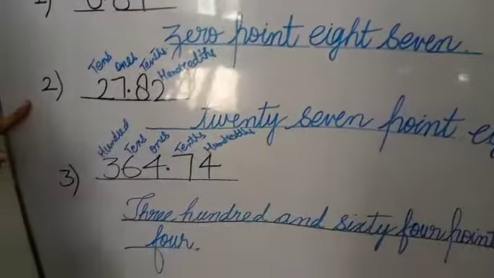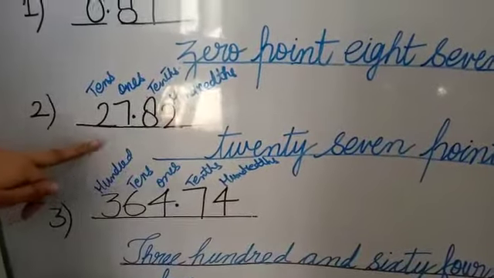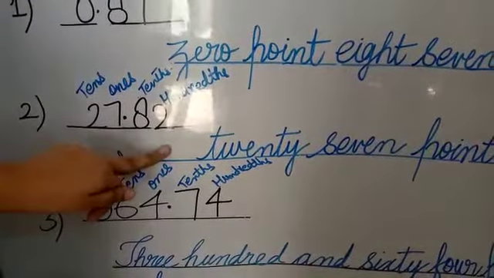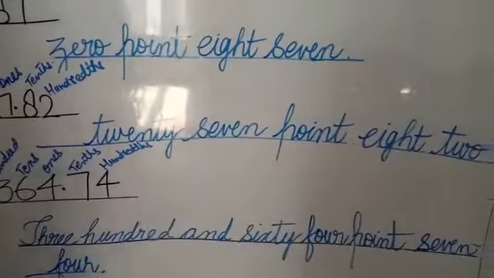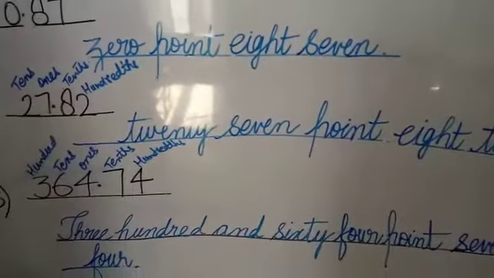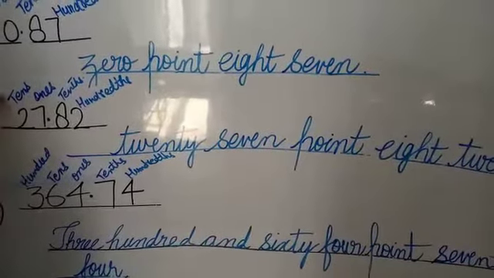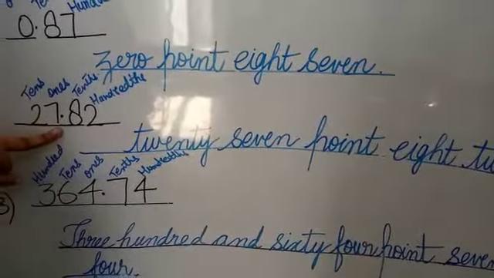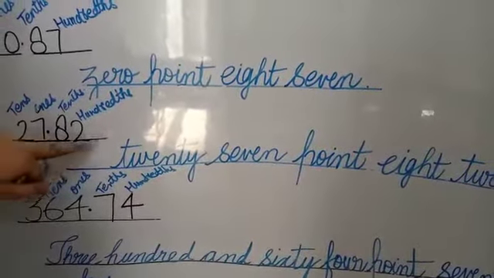Now the next question is 27.82. जो आपके पास नंबर होंगे आपने उनको पॉइंट से पहले कंबाइन रीड करना है, बट पॉइंट के बाद आपने उनको सेपरेटली रीड करना है. Like this one, 2 is in the tens place and 7 is in the ones place, and 8 is in the tenths place and 2 is in the hundredths place.